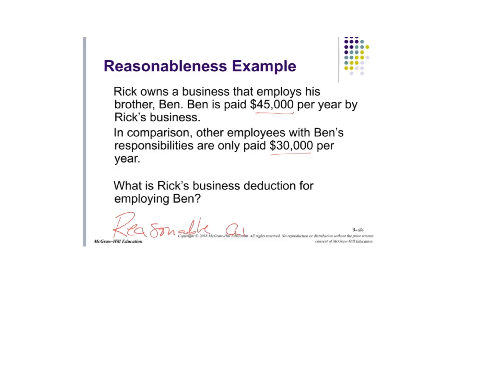The reasonable amount equals the deductible amount, and that's going to be the comparison to other non-related parties.